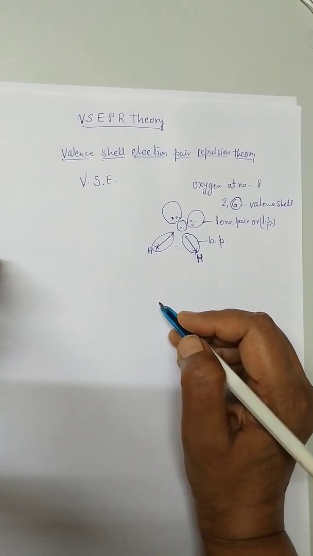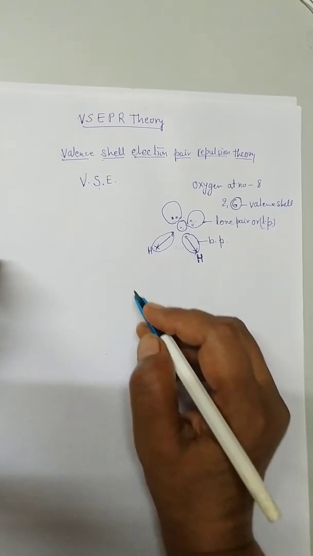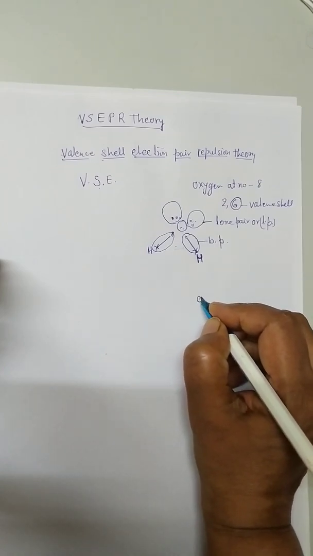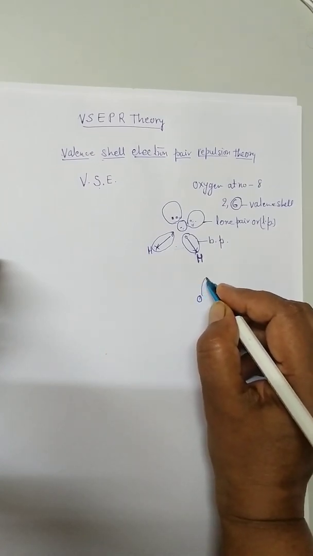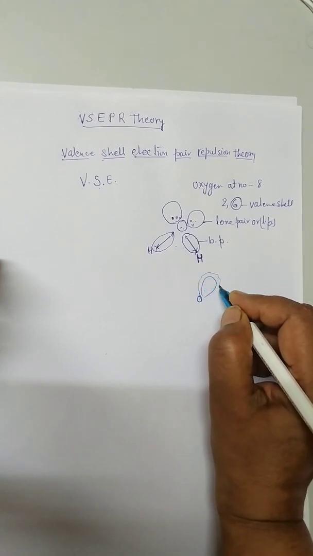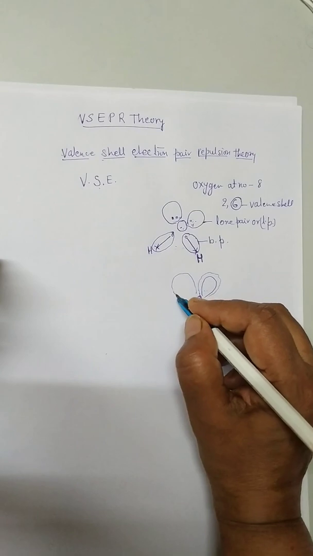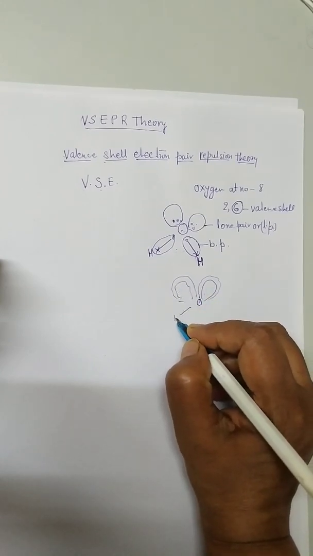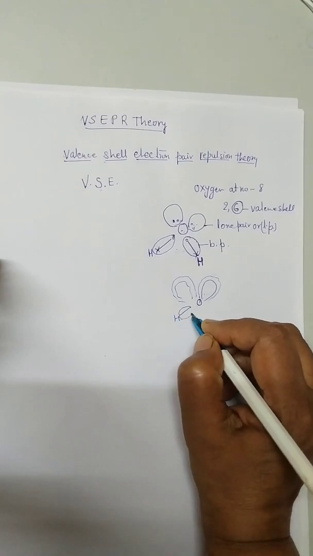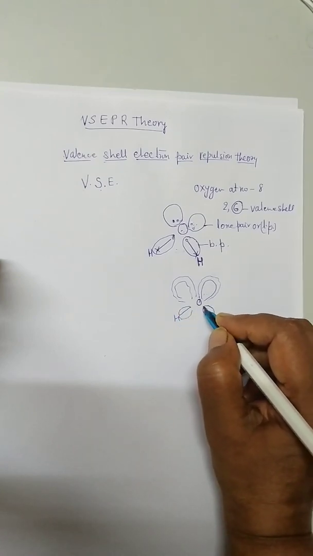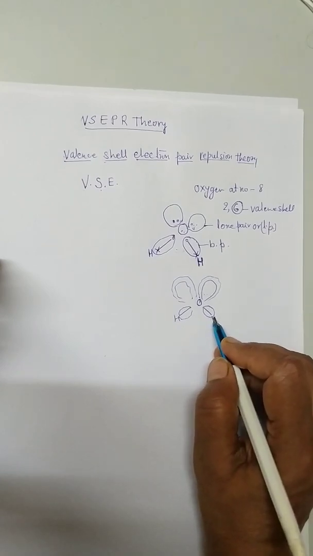Actually, what is happening here, in order to minimize the repulsion, in the case of oxygen, these lone pair clouds are spread to a larger area, and these bond pair clouds are extended to a very small area.